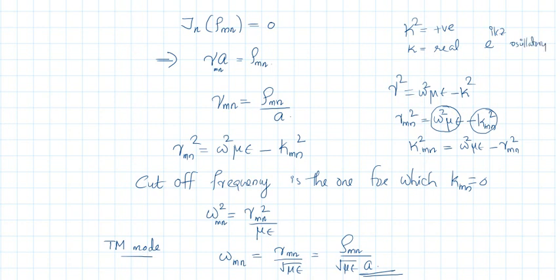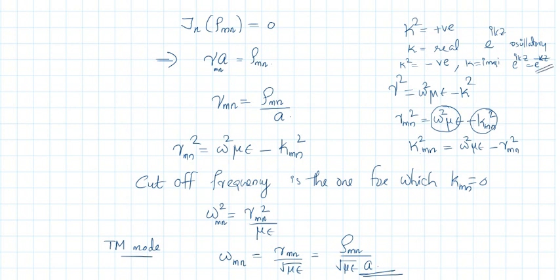We need an oscillatory solution along the axis of the cylinder. But if k square is negative, that means k is imaginary. That means e raised to ikz becomes e raised to minus kz, because k is imaginary so it contains an i. So it becomes an exponentially decaying solution.